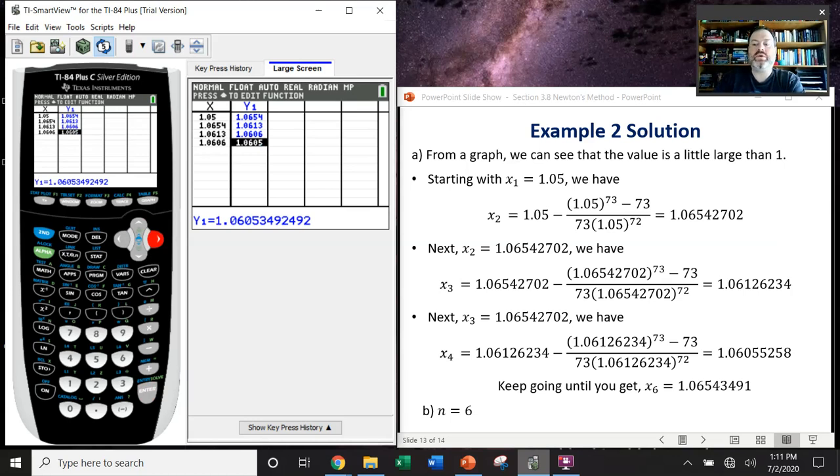Now you can see we're really close to the answer, right? This says 1.06053492, 1.06543491. So when we input that last one in, right, so we're on X5 here, right?